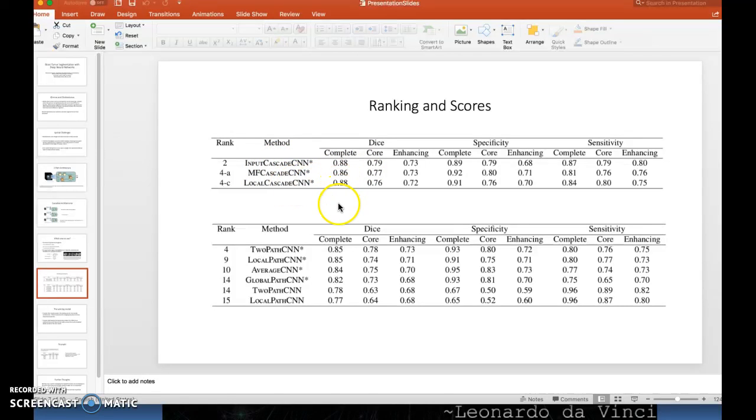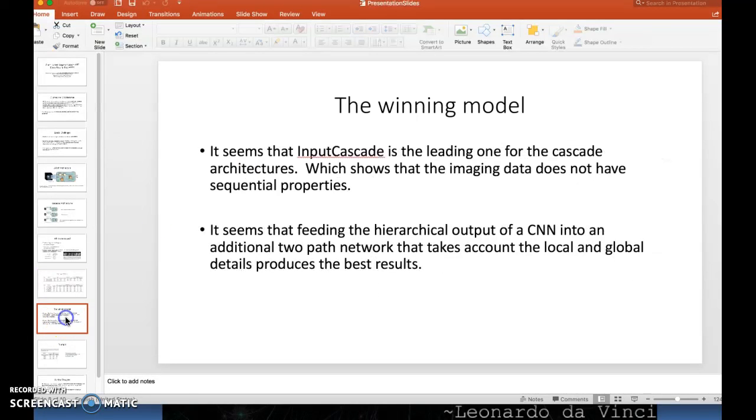So obviously the image data are not sequential. And here we can see that such a design where we take all the details in, in the hierarchical sense, and then we feed into two things.